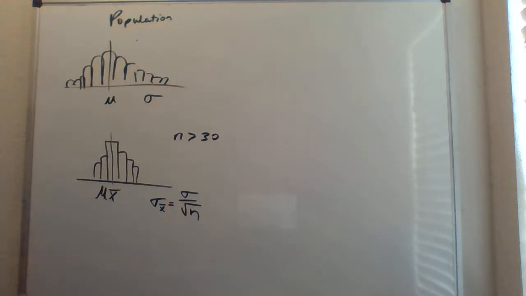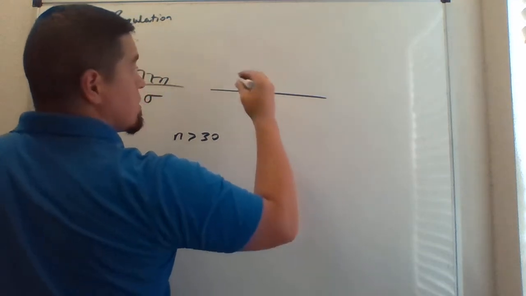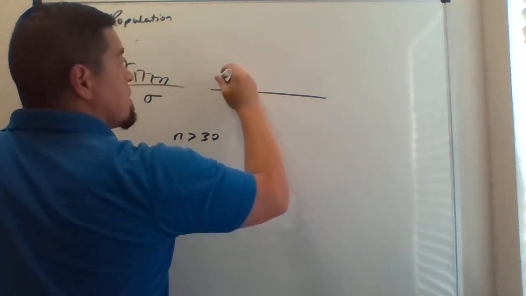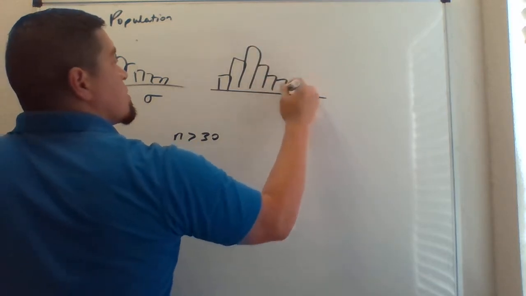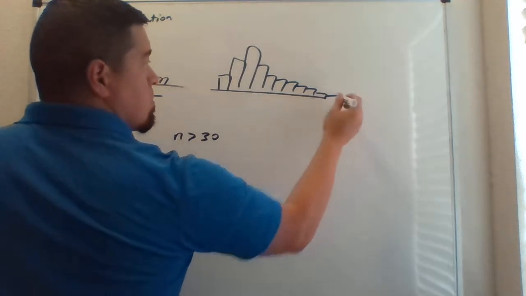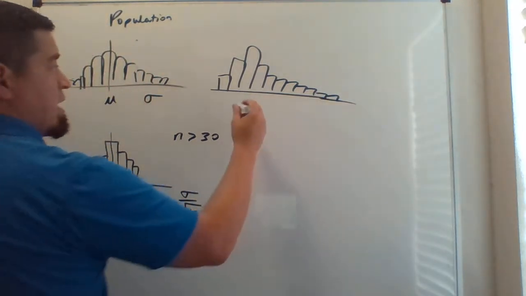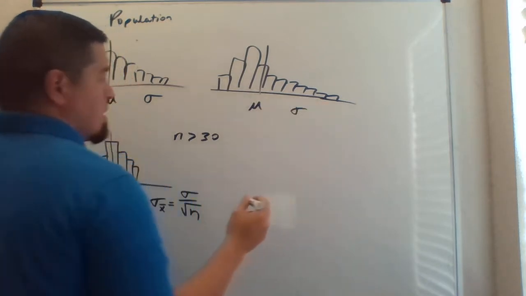Now this isn't limited to when your population distribution is normal. What if you had a skewed right curve, and that had a mean, we'll call it mu, and some standard deviation?